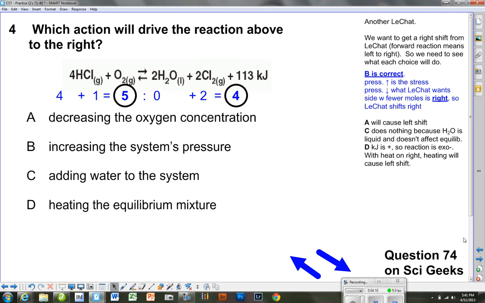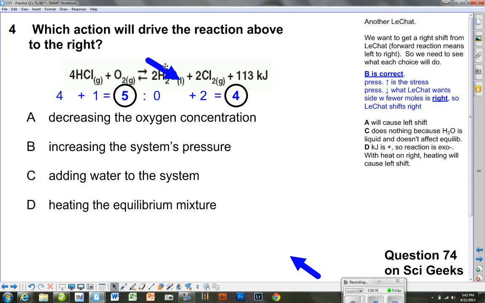Let's move on to 74. Now in 74, I've added up for you again 4 plus 1, 4 for the HCl, 1 for the oxygen, gives you a total of 5 on the left. 0 for this one. Why? Because liquids and solids are not part of any equilibrium.